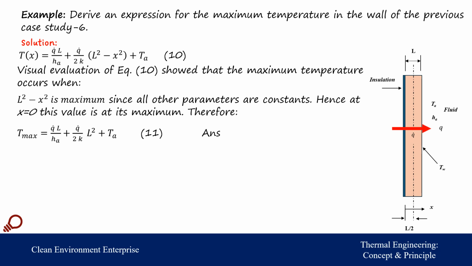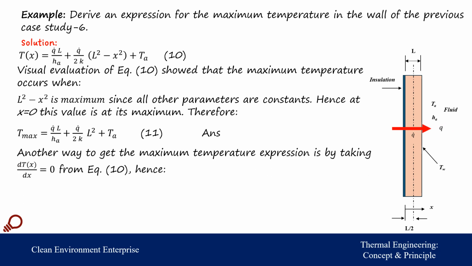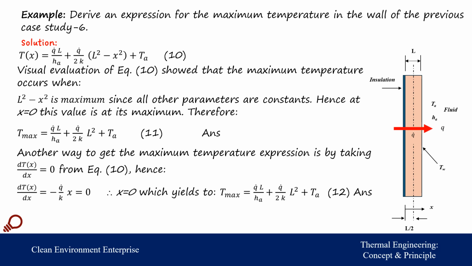This is the answer for this example. And another way is to get the maximum temperature by taking dT by dx equal to 0. And if we take dT by dx from equation 10, we have dT by dx equal to minus Q dot divided by K times x, and equate that to 0.